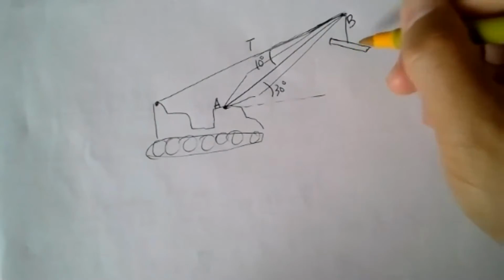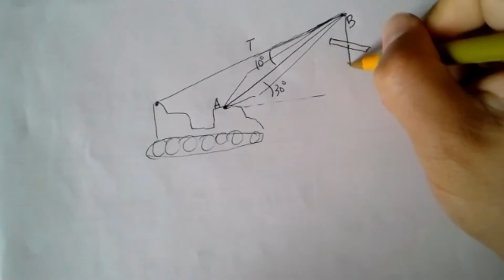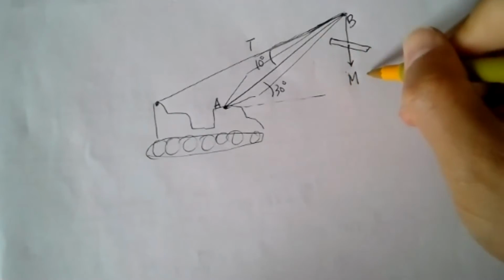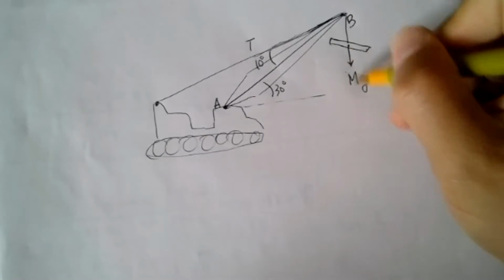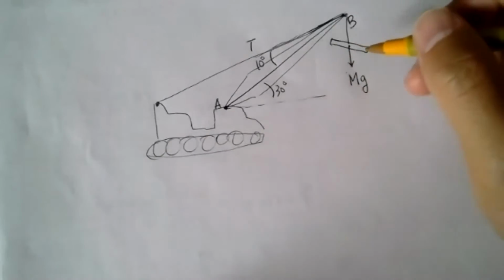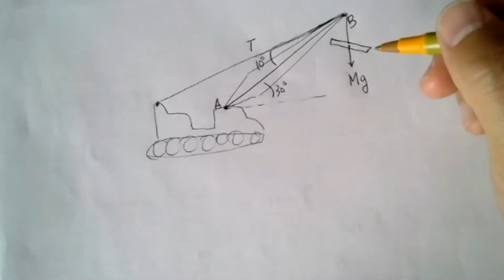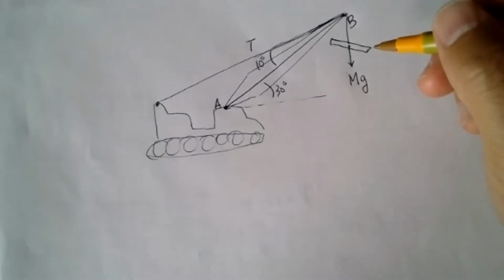It's this weight. I'm going to call this capital M. Okay, so capital Mg, that's the weight down there. All right.